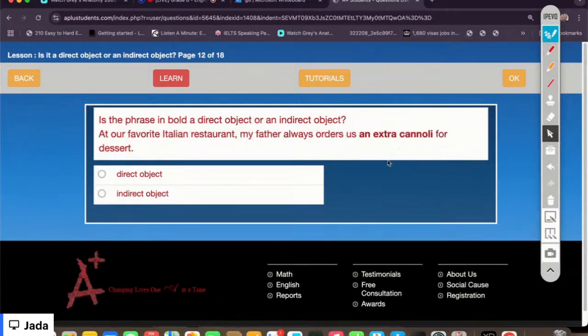It was direct object. So: At our favorite Italian restaurant, my father always orders an extra cannoli for the set. Is it direct or indirect?